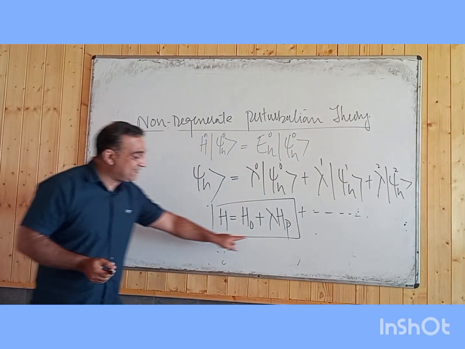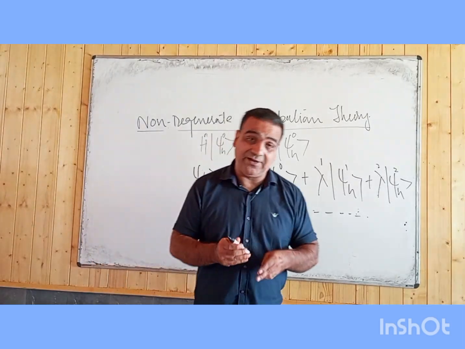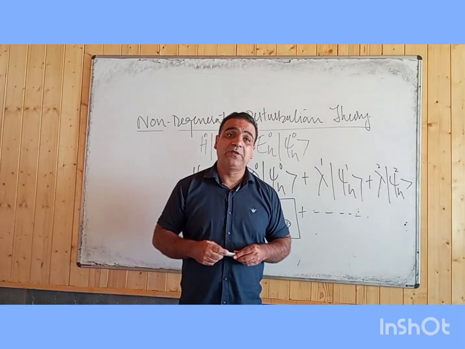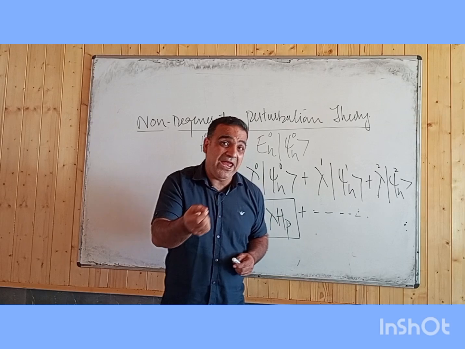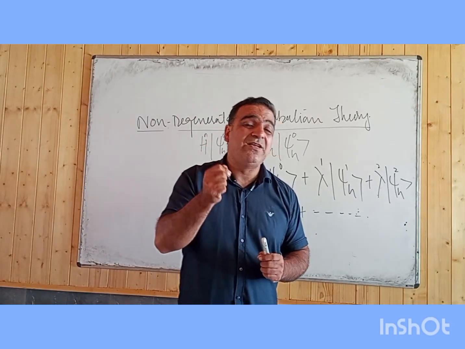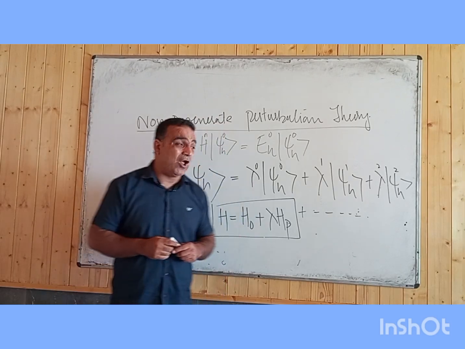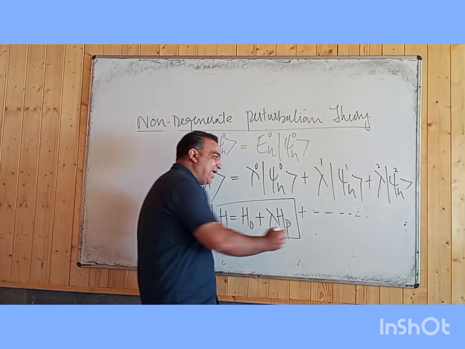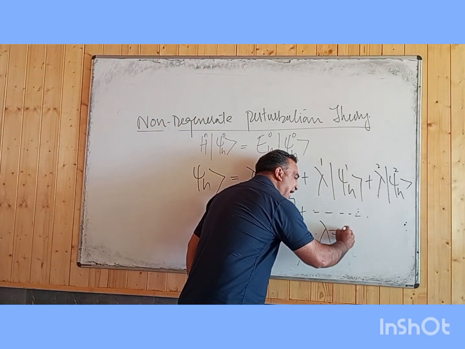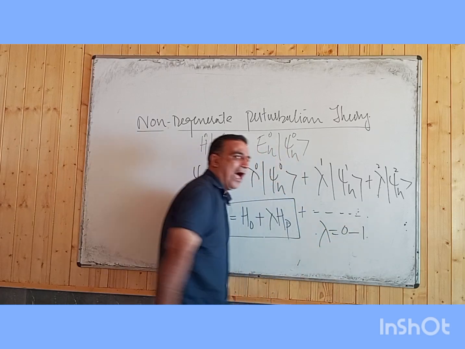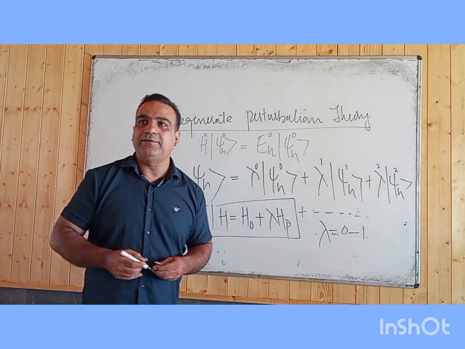Okay? And this lambda, if you go back to that example I started with, is a small change. You're trying to disturb your system, but the magnitude of that disturbance is extremely small. So for that, this lambda has to be small. Its value can be between 0 and 1. Clear?